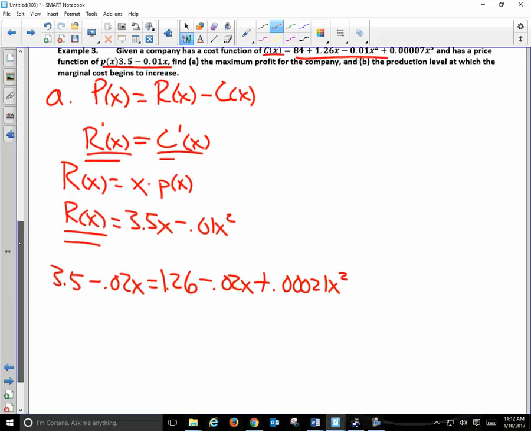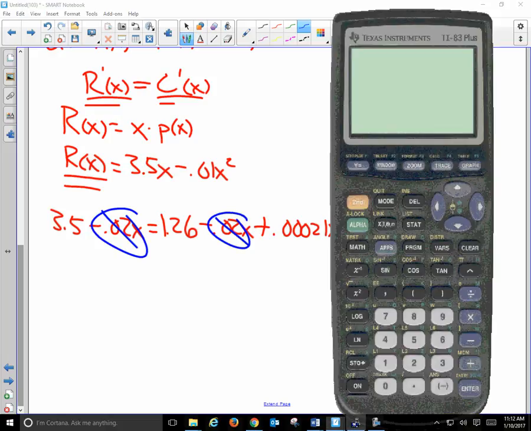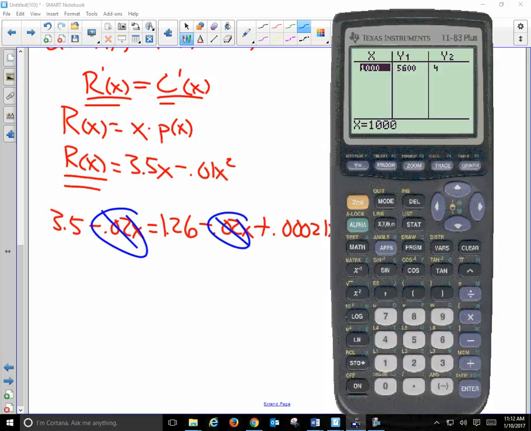What happens? Gone. Combine some like terms. 3.5 minus 1.26. I get 2.24.